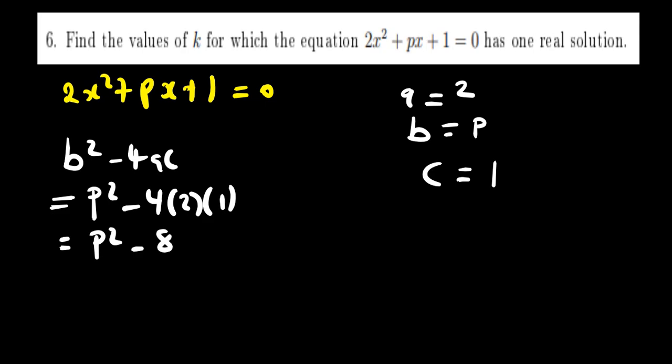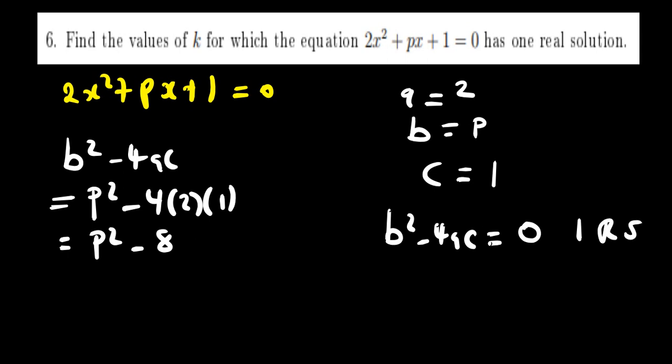Now these are the conditions that you're supposed to know. When your discriminant b squared minus 4ac is equal to 0, it means it has one real solution.